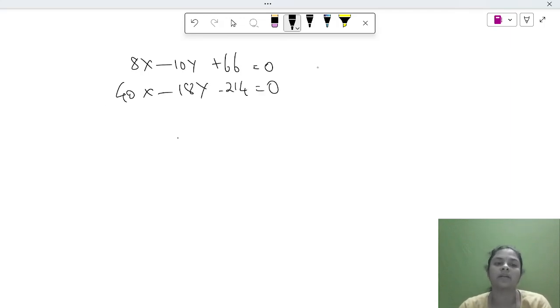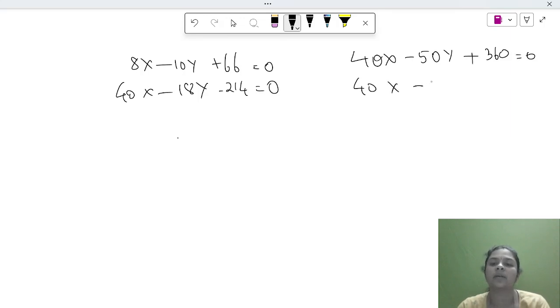So now you can just solve the two equations. I am multiplying the first equation by 5: 40x minus 50y plus 330 equals 0. This is 40x minus 18y minus 214 equals 0.